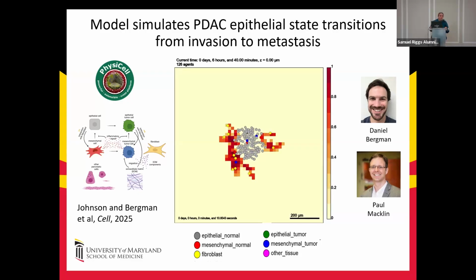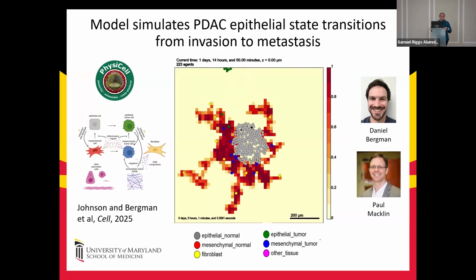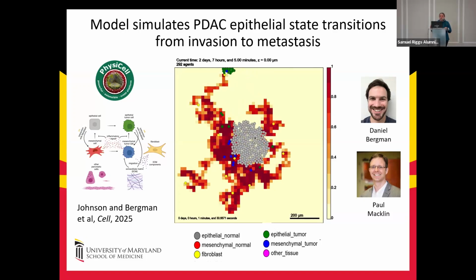So what you can see is that the cells start to transition when they interact with fibroblasts after some time. The EMT-like cells are moving a little bit more. They're able to go out and get away from the fibroblasts and escape. And then eventually what happens is that when the cells get far enough away, then they're able to colonize and start seeding out tumors.